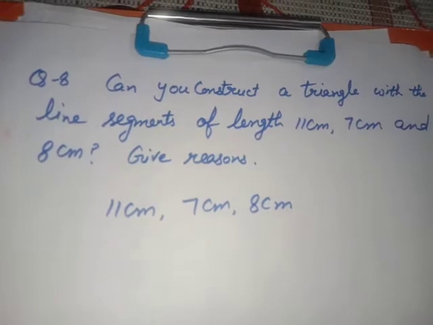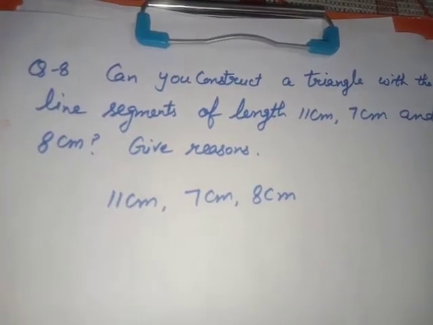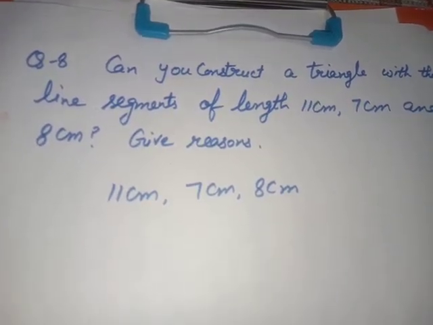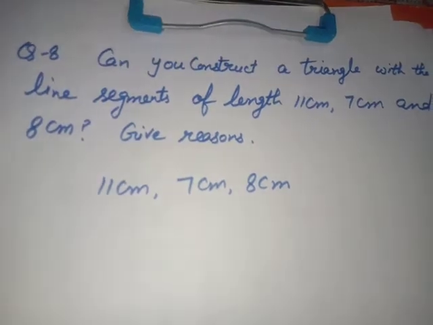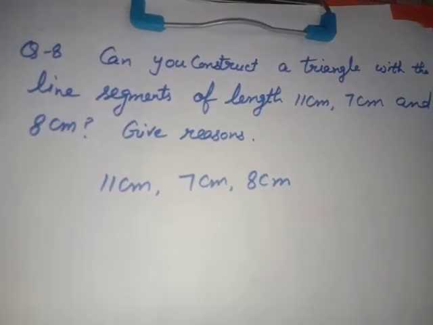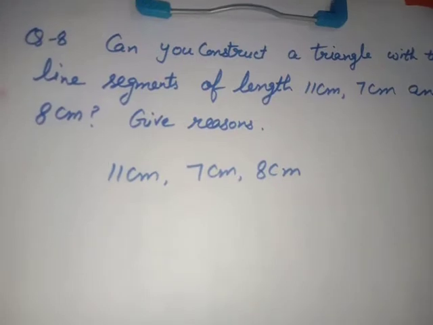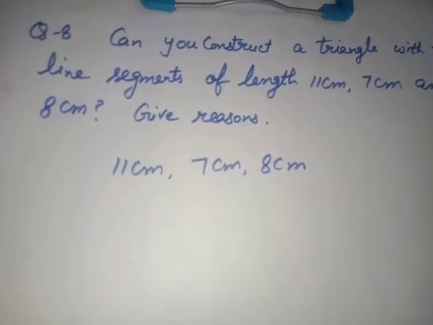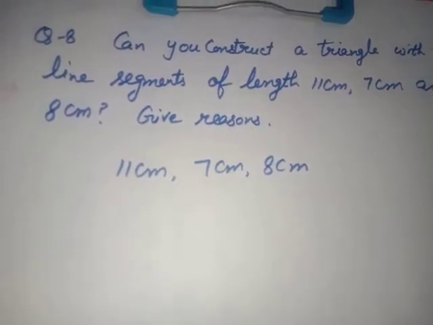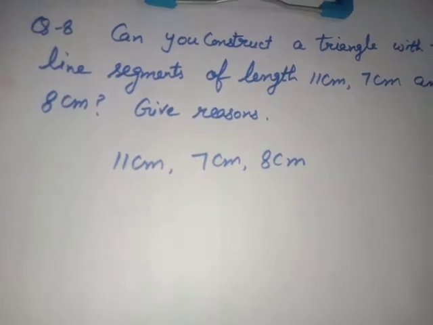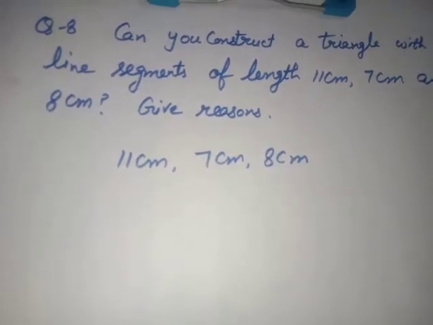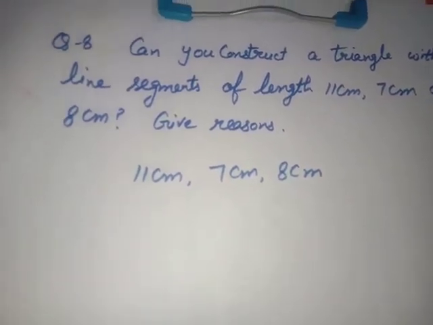Question number 8 is, can you construct a triangle with the line segments of length 11 cm, 7 cm and 8 cm? Give reasons. In question number 7, 3 angles were given and in question number 8, 3 sides are given. So, in case of sides, how to check?